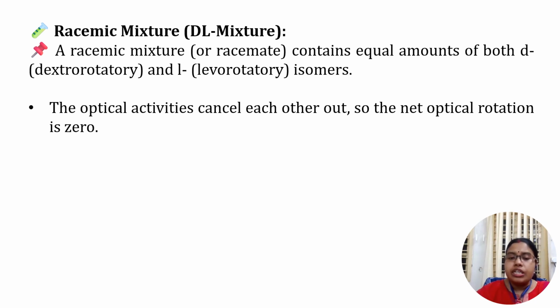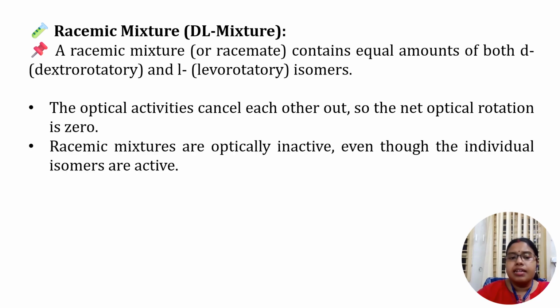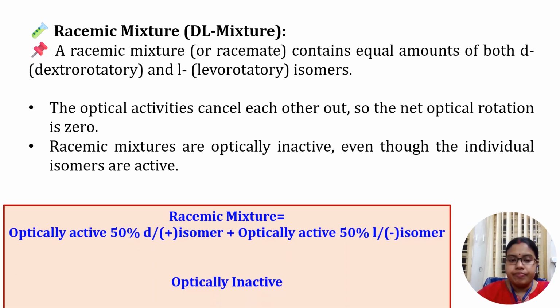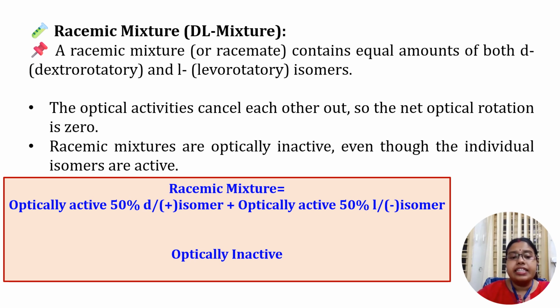But if equal amounts of the dextrorotatory and levorotatory isomers are present, then the final optical activity of the mixture is 0. So racemic mixtures are optically inactive, even though the individual isomers are active. We can say that 50% optically active D isomer and 50% optically active L isomer make that optically inactive racemic mixture.